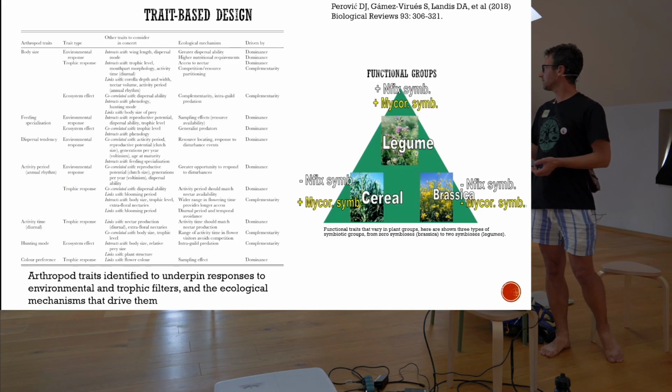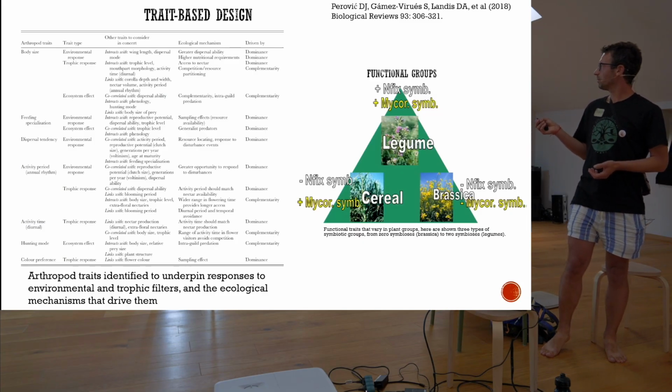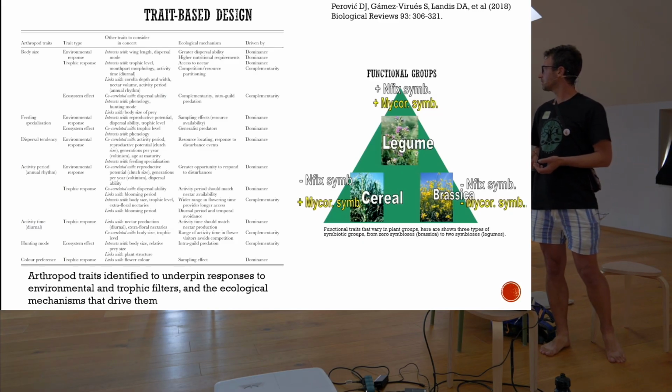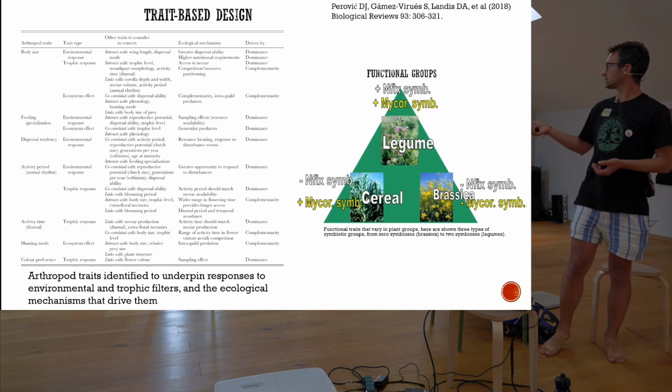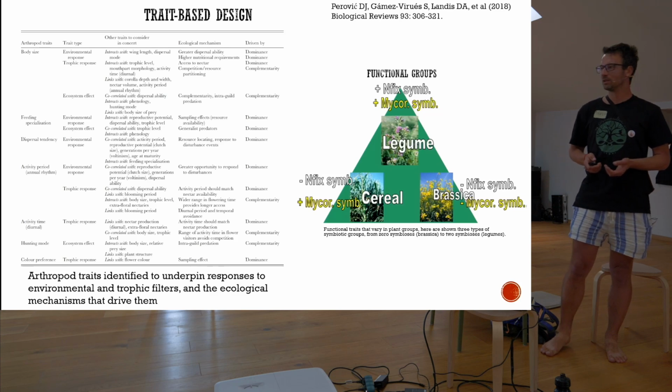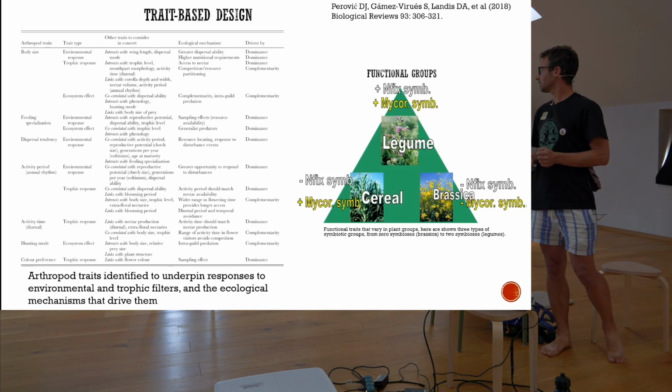And here I just show you the traits of the main three families that are used as cover crops. You can see that only cereals and legumes of these groups support mycorrhizal symbiosis, and brassica crops are not mycorrhizal, and they can even suppress mycorrhiza development.